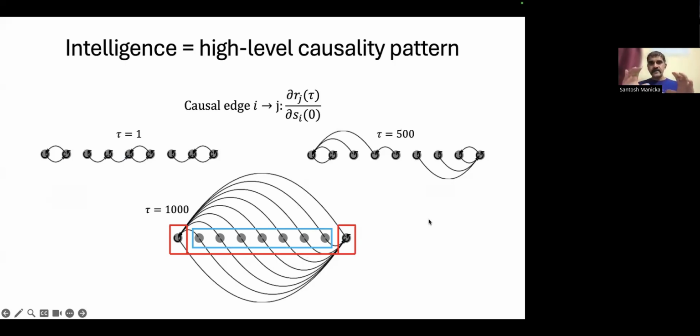So this is the kind of approach that we have been using to analyze how models work and to think about what intelligence is, or what their high-level strategies are, and visualize them as causal networks.